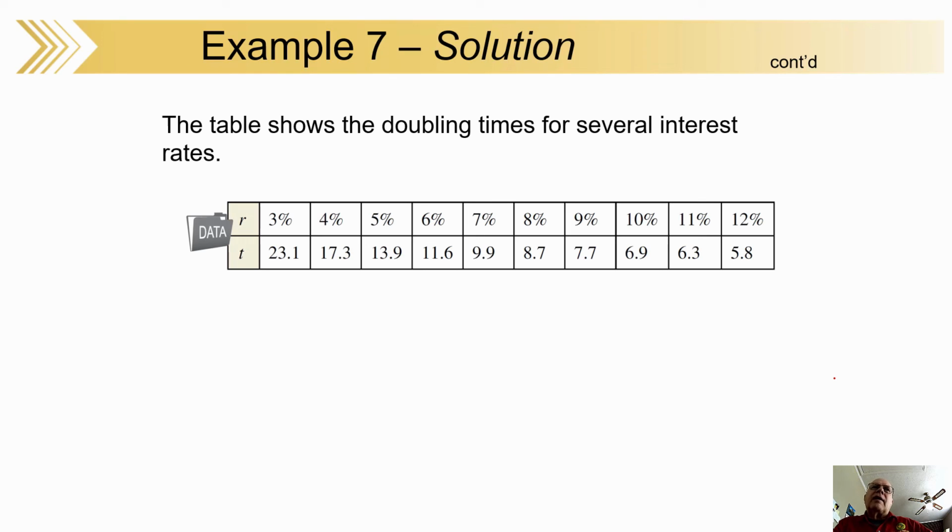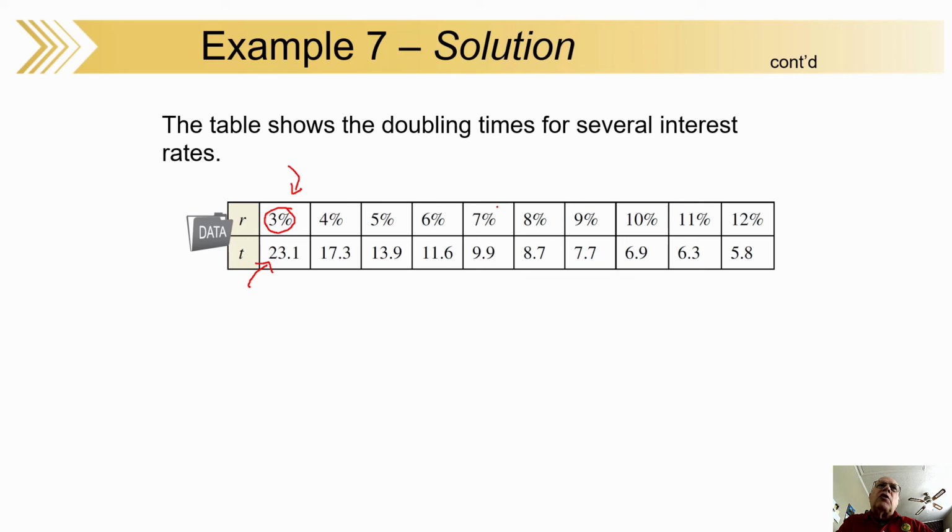This is interesting to look at. Just spend a minute, maybe two, to see what happens for doubling times at various rates. So in case you're not quite sure, this means if you go to the bank and the bank says, we'll give you 3% annual interest, you're going to have to wait 23.1 years before your money will double.